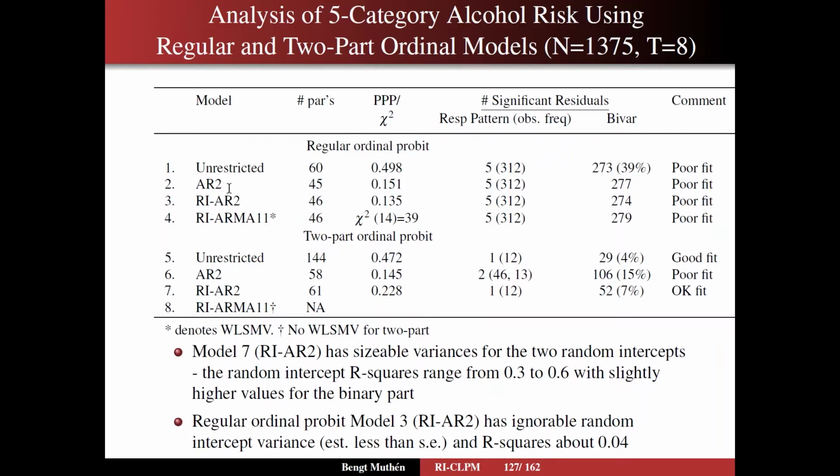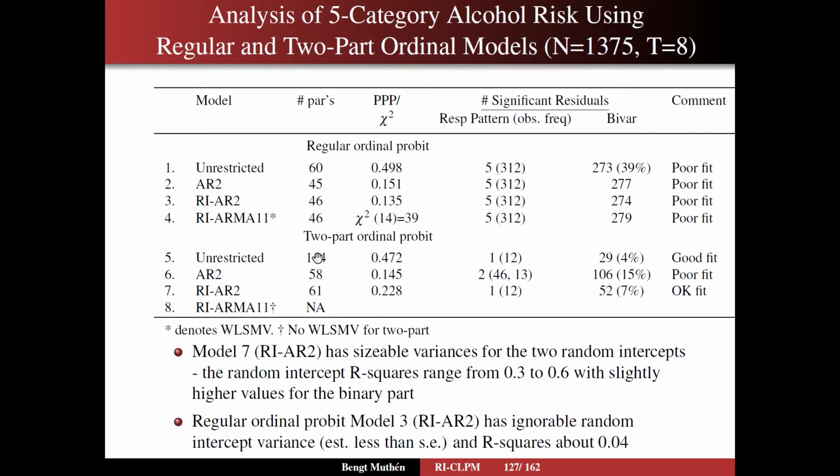For AR2, we do equally poorly. We just restrict this model further, with fewer parameters. Of course, that's going to fit even worse than the 60-parameter model. So we turn to the two-part ordinal model, the unrestricted model, which has the 144 parameters that we decided on. And we get a good fit here, and a good fit for the frequencies. 29 cells significant, only 4%.